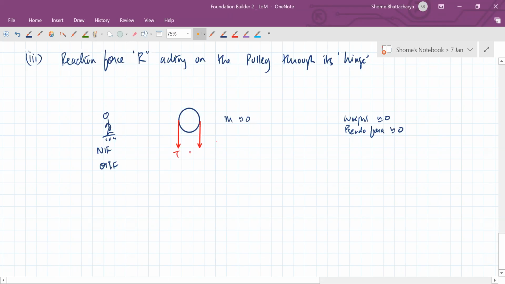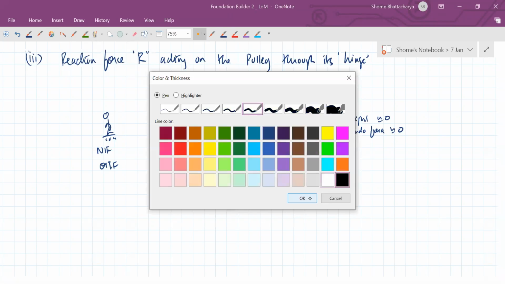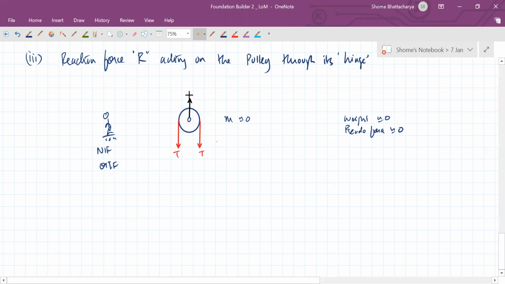This is trying to pull the pulley down, but through the axle of the pulley there is the vertical external force, the reaction force R. So R has to balance 2T. This is like the third equation.